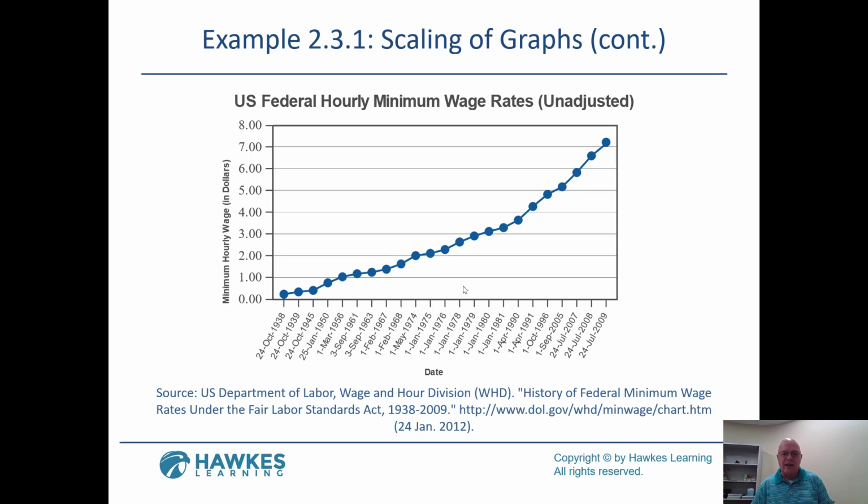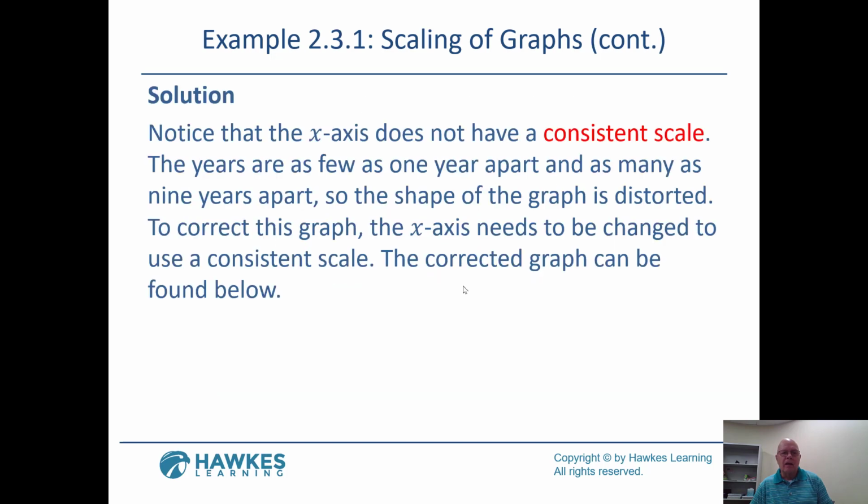It's really crazy. And some at the end go 1 year at a time. That is not the way to show a time, because that's not a consistent display of how the time rolls by. So you need to adjust the x-axis where the time is to have a consistent scale.